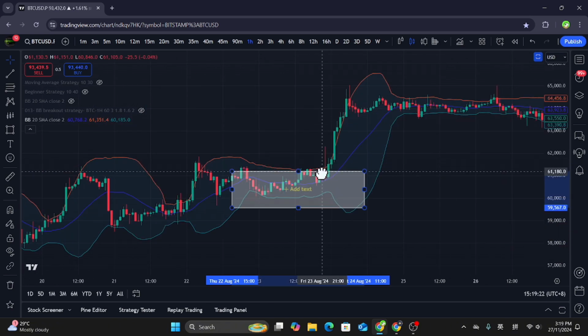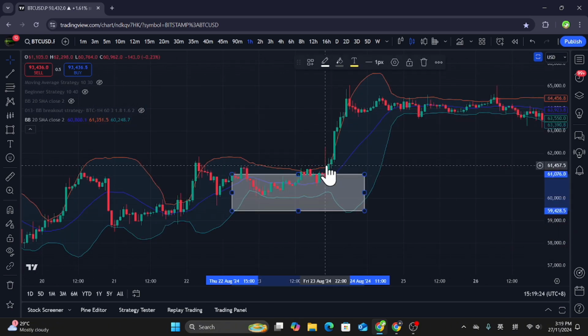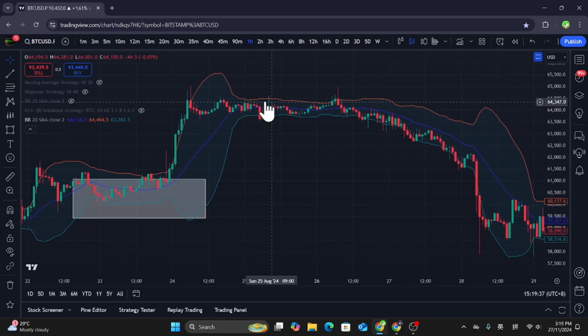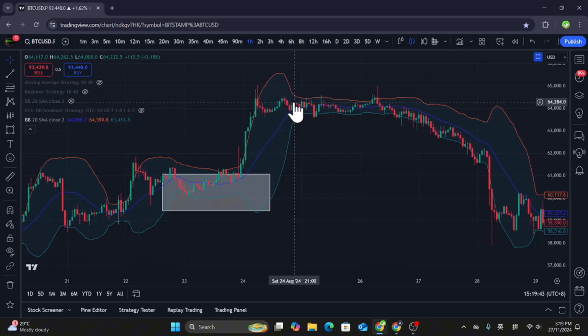When that happens, you can see the Bollinger Band starts to expand instead of contracting. Then once the market goes sideways or into consolidation, it starts to contract again, because the volatility is very low at that time. This is how Bollinger Band works.